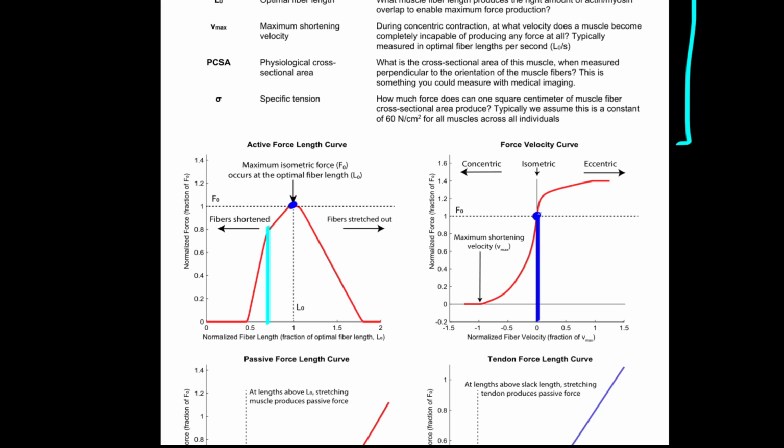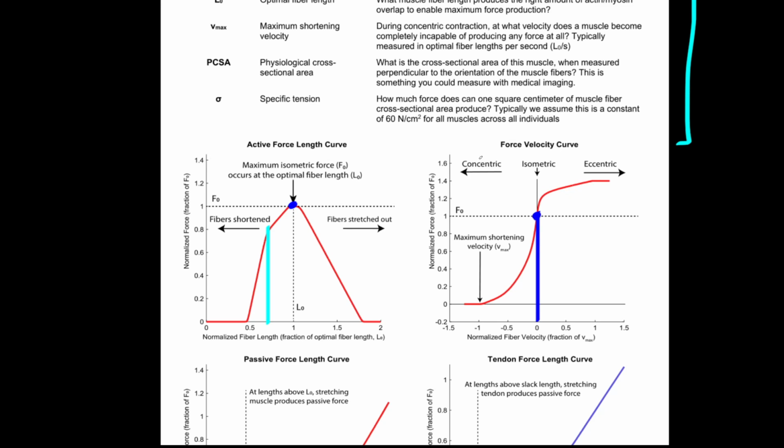And then there's this interesting property of muscles where when they're contracting eccentrically, so when the muscle is trying to contract but it's getting longer because the external force is greater than the force the muscle is producing, that actually enhances the force production capability of the muscle.